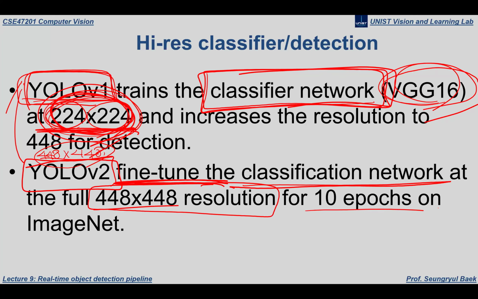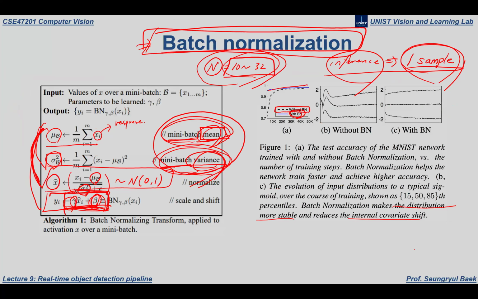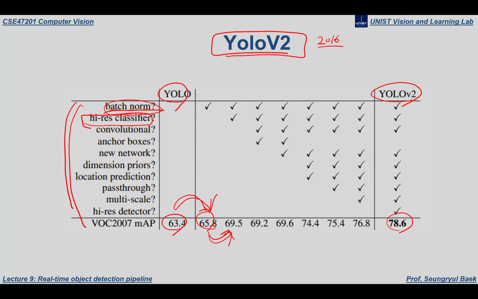They want to make their image feature extractor more tuned for their own image size. Are you guys following this? This is not a very difficult thing. By doing that, their precision is improved by this amount.